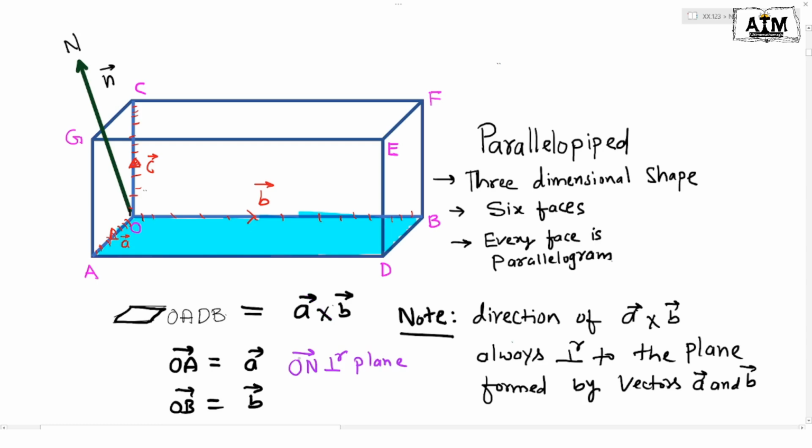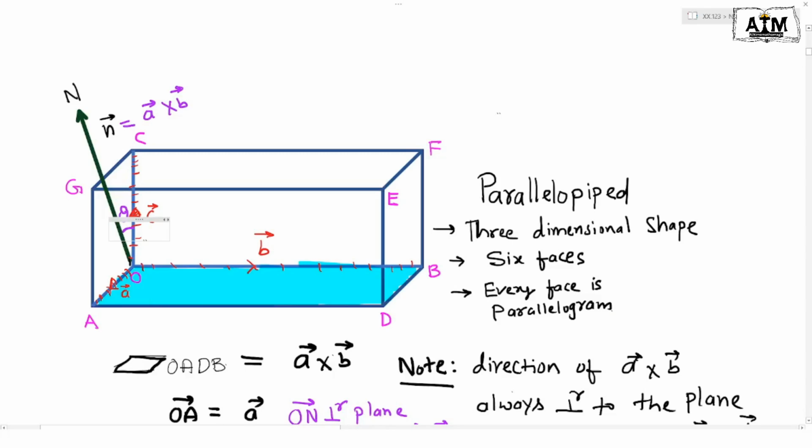So it is perpendicular to the plane formed by vector A as well as vector B, and so vector N is nothing but A cross B, and let us say it makes an angle theta with vector C. So this result, A cross B dot product with C, will give us the entire volume of this parallelepiped.